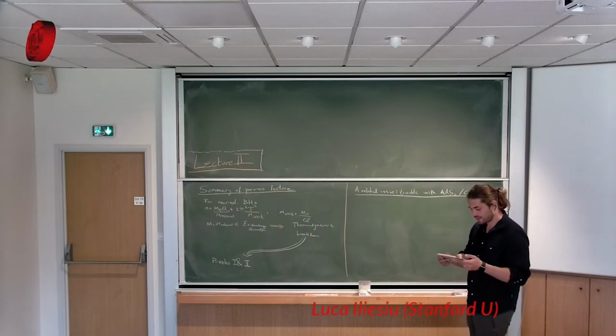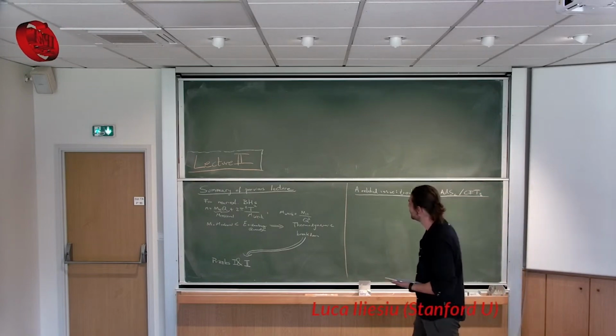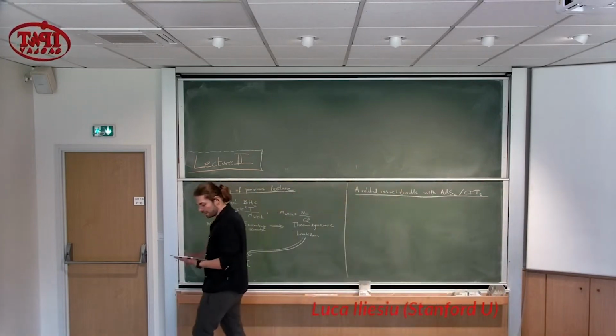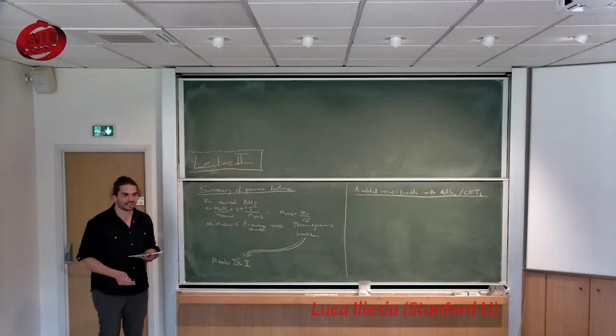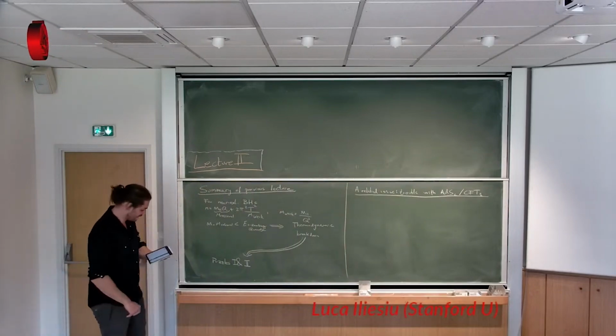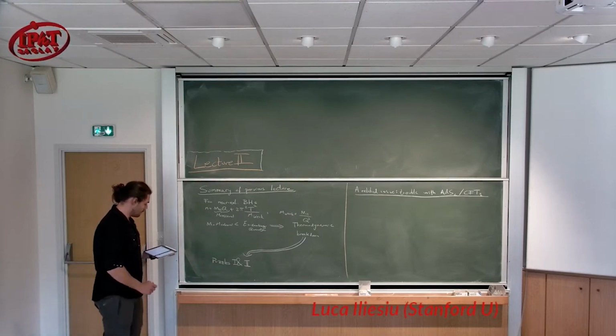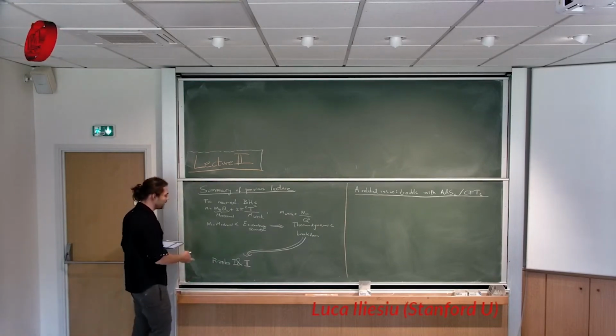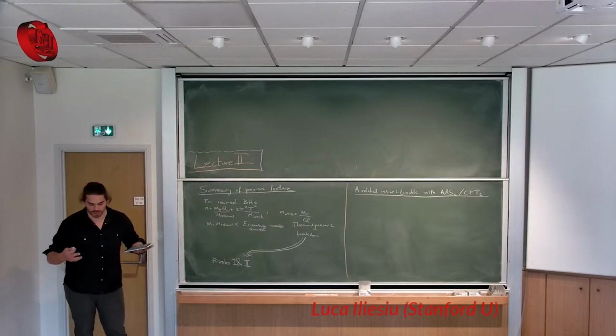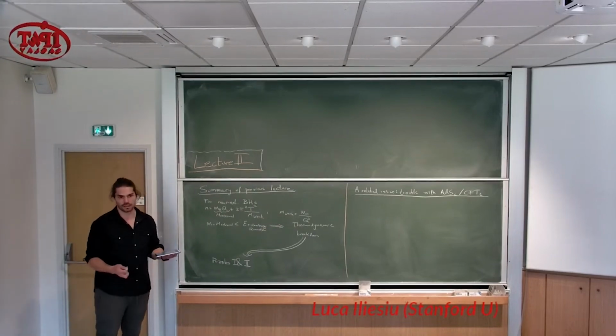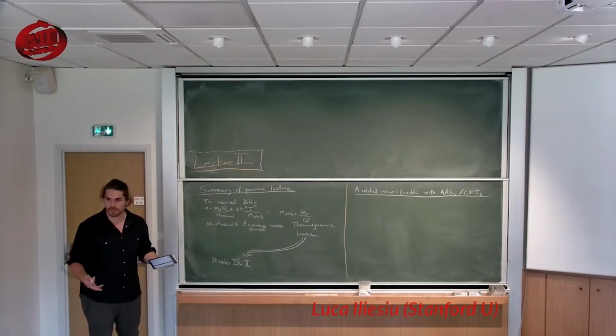Okay, so let me start by summarizing a bit what we discussed last time, because that will put us in a good position to continue. Last time we explored the geometry of near-extremal black holes.